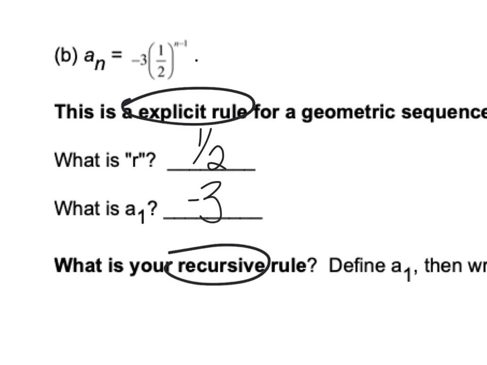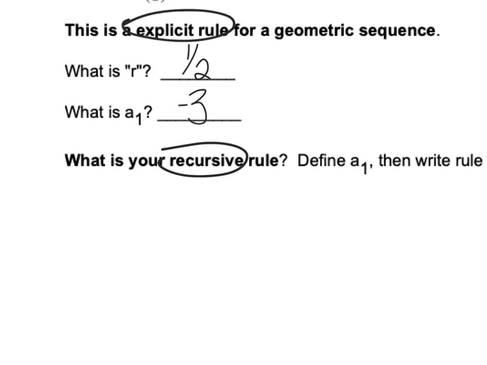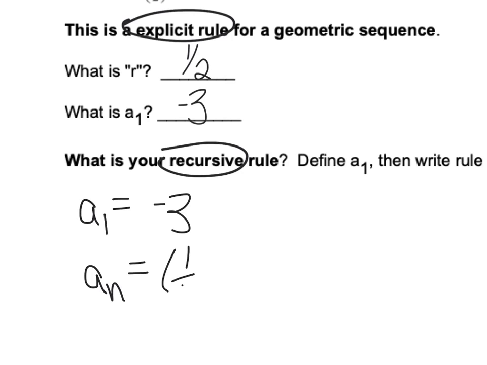And with geometric, it's a little bit easier to write these rules. So we'd have a sub 1. We always have to define that as -3. And our rule is going to be a sub n equals r, which is 1/2, times a sub n minus 1.